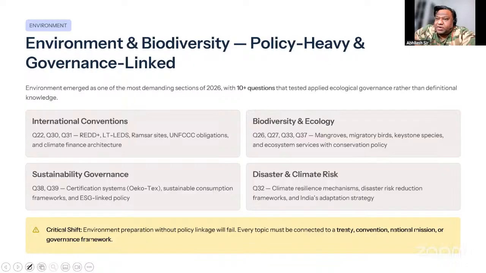atlas is very important. In environment, again, there's a huge chunk of questions, and you could see that international conventions were asked in question number 22, question number 30, question number 31.